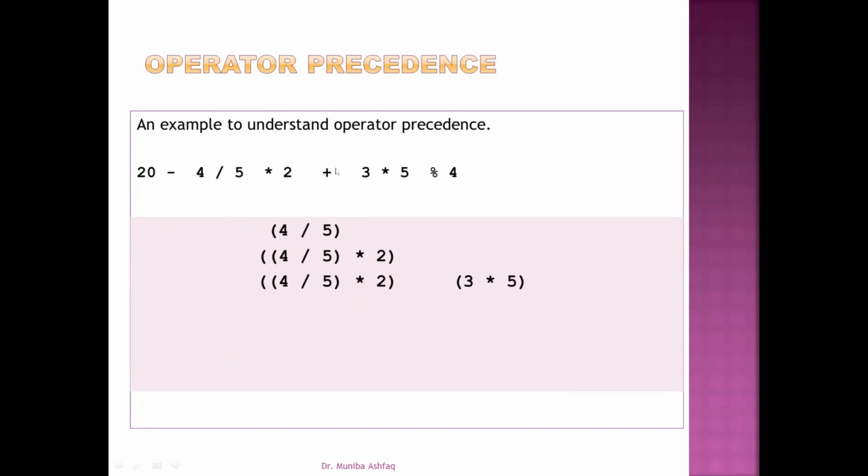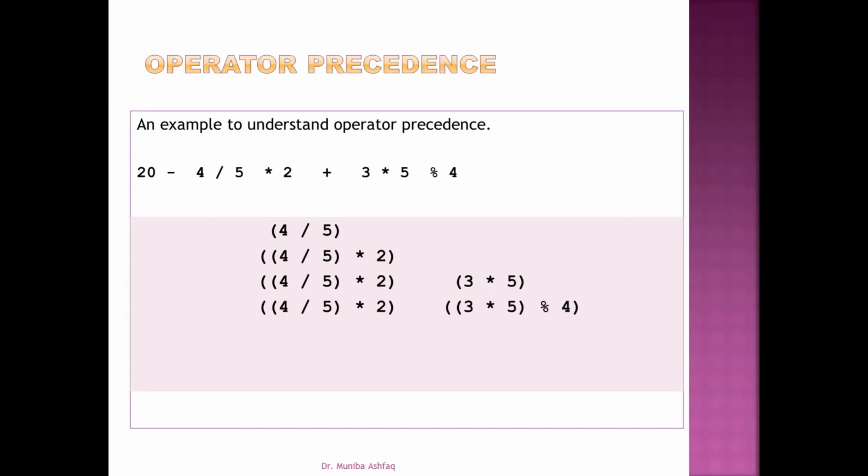We will ignore it at this level as we have the multiplication sign, which has high precedence as compared to this. So we are going to evaluate this first: 3 multiplied by 5. And then after that, we have this mod. This will be evaluated. So all the operators that come in the same level have been evaluated at this time.